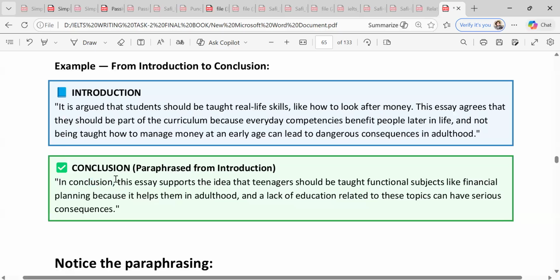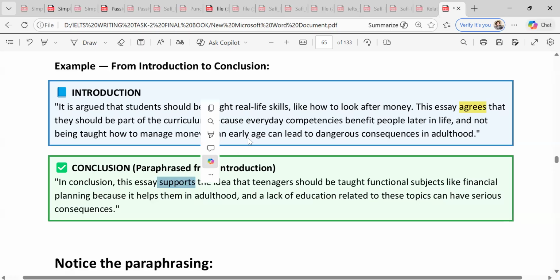Now, to write a conclusion for the same introduction, we can start with "In conclusion, this essay supports the idea." Over here, we have said that the essay agrees. So if it agrees in the introduction, the conclusion paragraph supports.